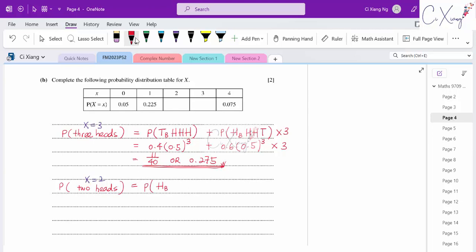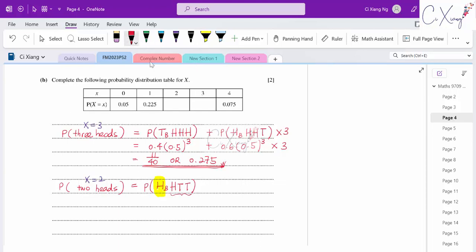So another head will only appear in one of the normal coins, and I have 2 tails for the normal coins. For this case, we assume that this is fixed, where the biased coin definitely gets a head. So we fix this, and then we just focus on these 3.